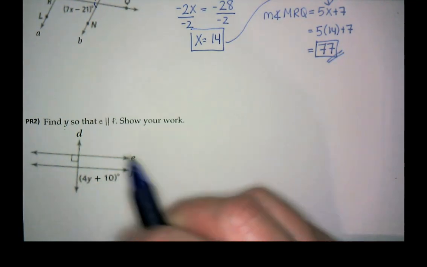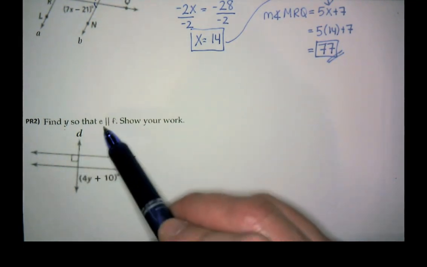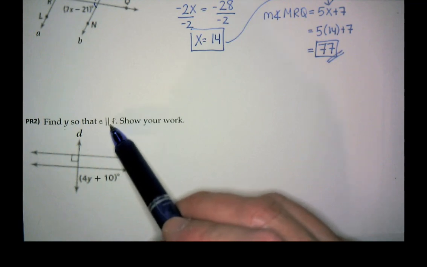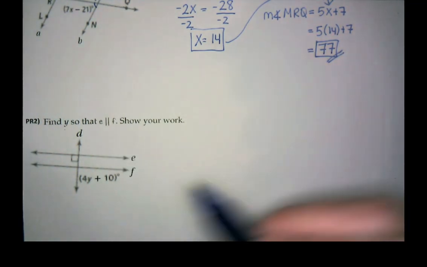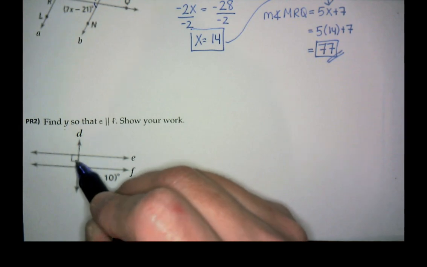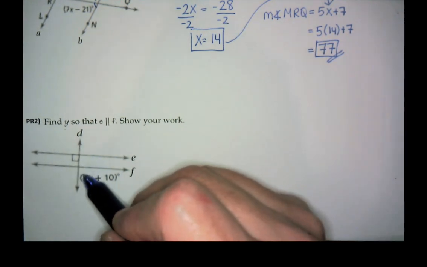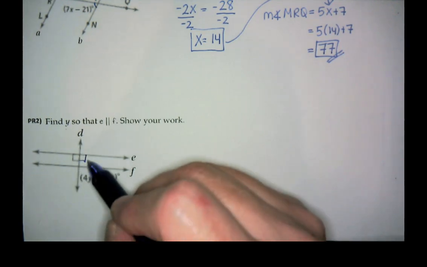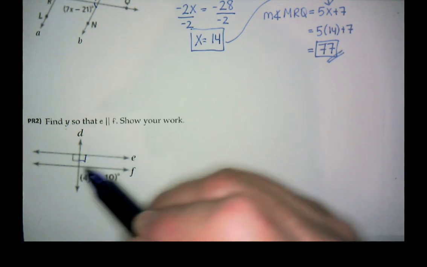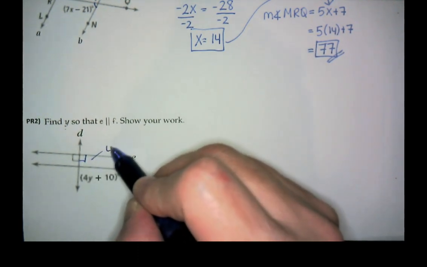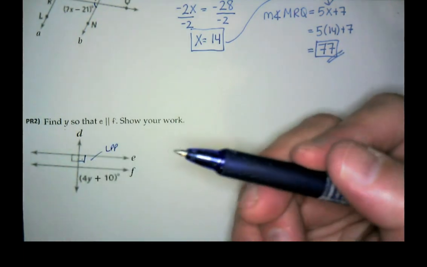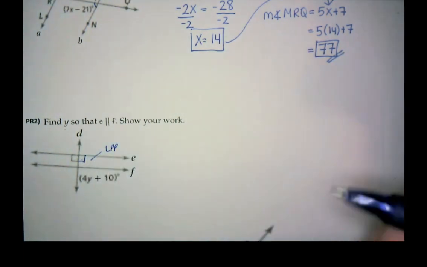Next problem says, find the value of y so that E and F are parallel. So in this case right here, there's no relationship between these two angles right here, but I know that these are a linear pair, and if this is 90, this must be 90. Okay, so linear pair postulate right there. And now I can say these two are corresponding angles.